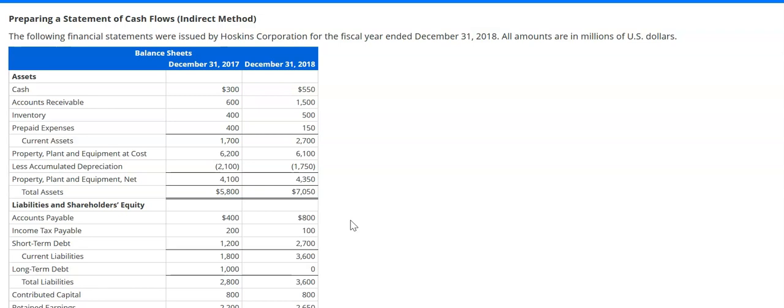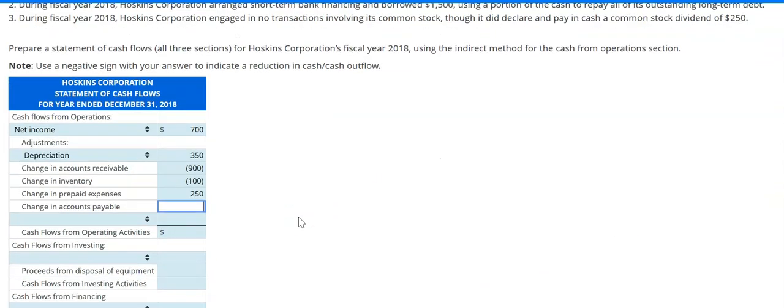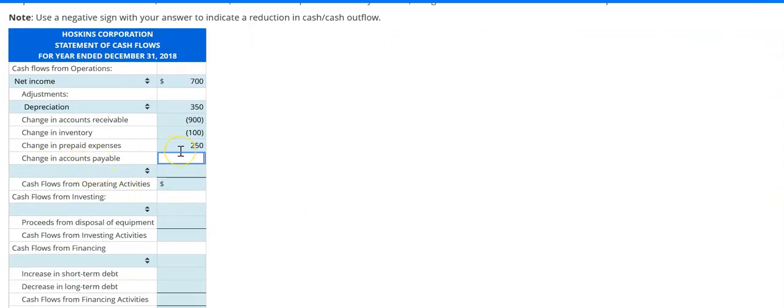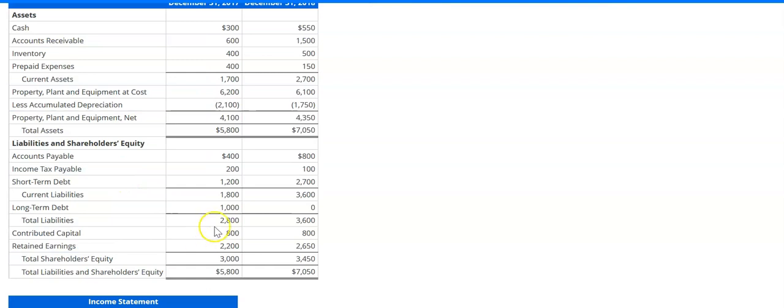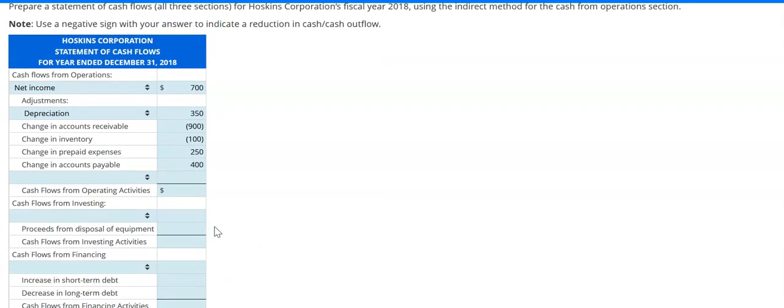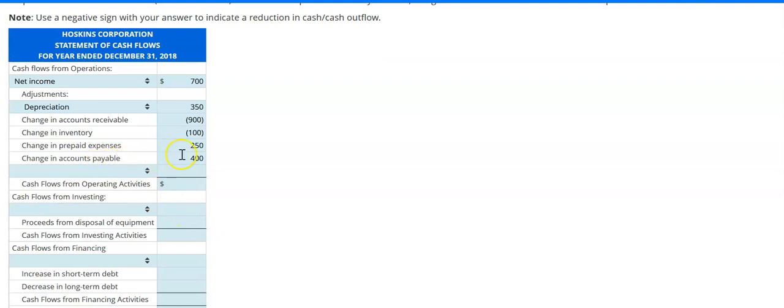And so we have driven up liabilities here, but that's $400 in cash that we have not actually paid. We might have expensed it, but we have not actually spent that cash. So let's go all the way back down here to change in accounts payable, and we're going to enter that change exactly the same way. Okay, so we've got our change in accounts payable, and then it looks like we have one more item.